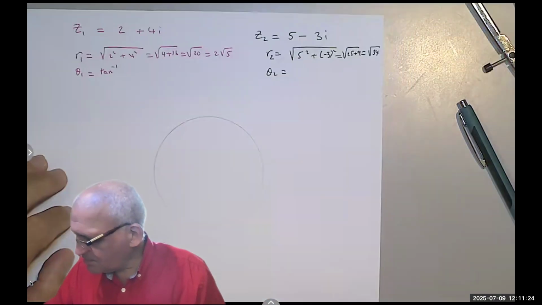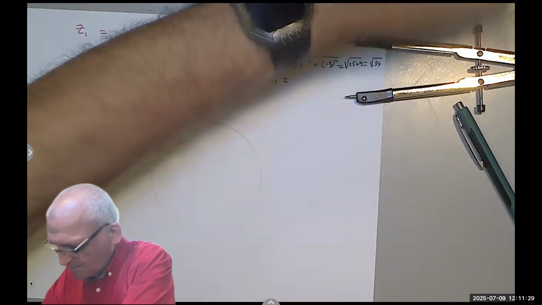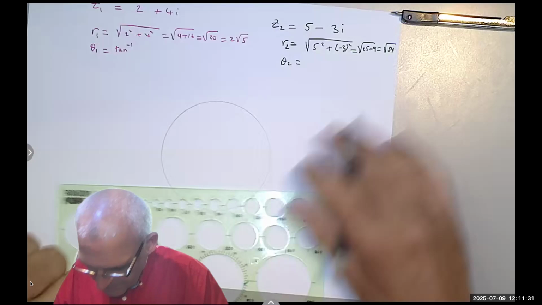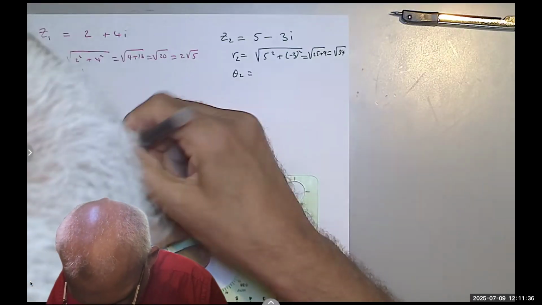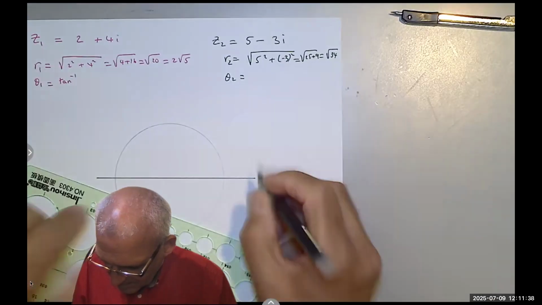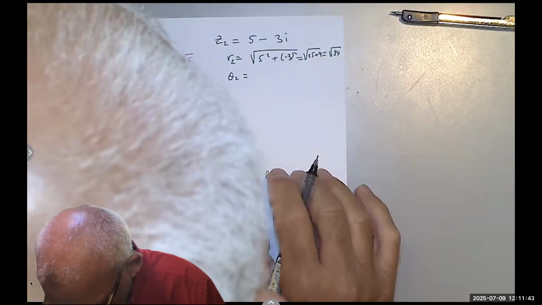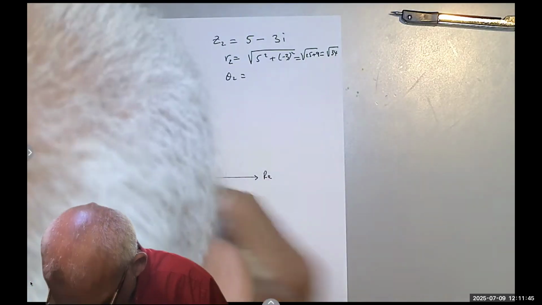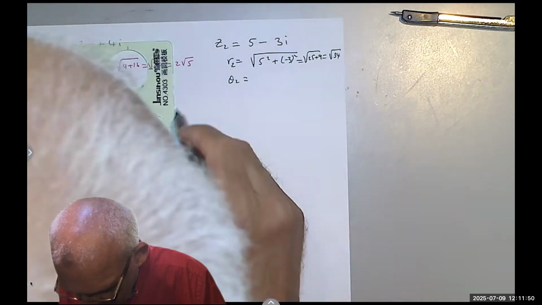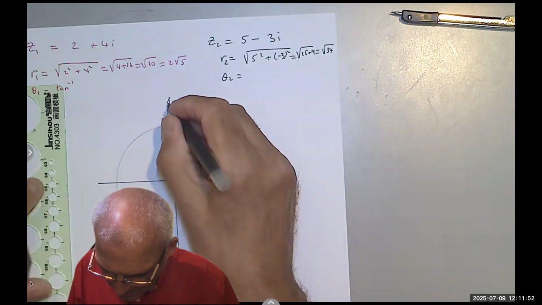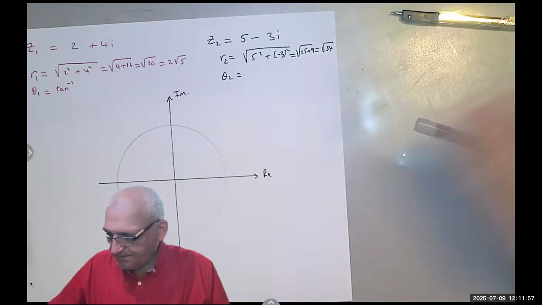As we said before, the horizontal is the real axis, and the vertical is the imaginary axis.